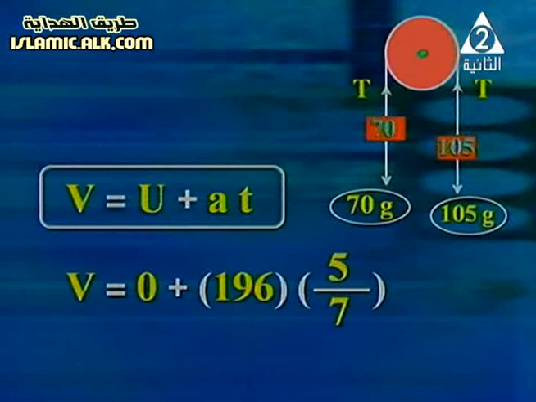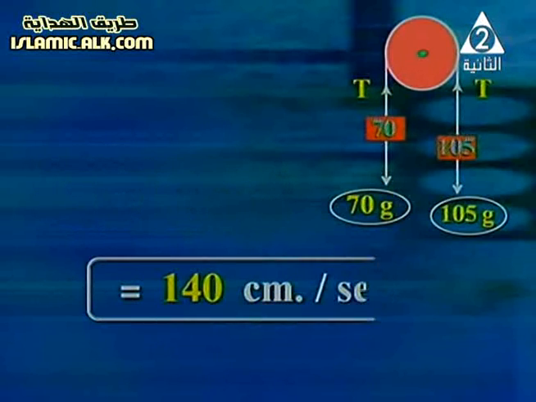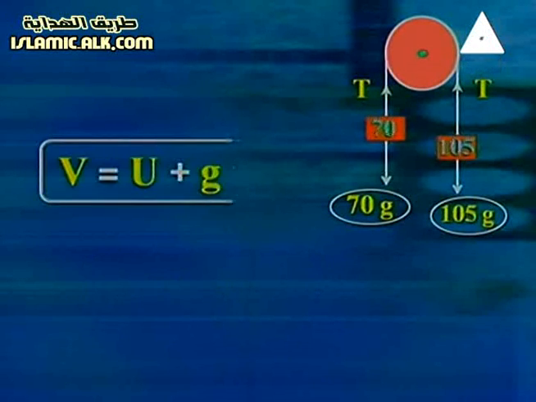With a equal to 196, t equal to 5 over 7, initial velocity equals 0. Why? Because from the starting motion, the initial velocity equals 0. Then v equals 140 centimeters per second. Then with respect to the second body, v equals u plus gt.